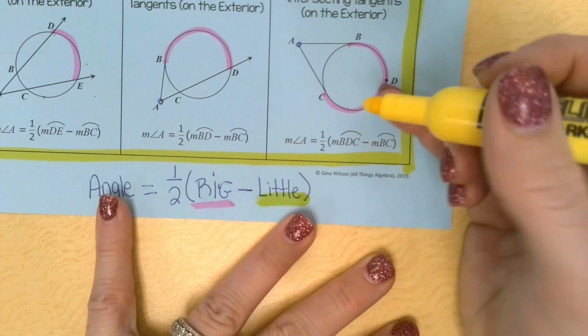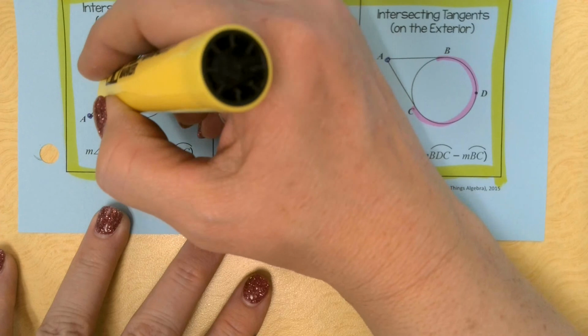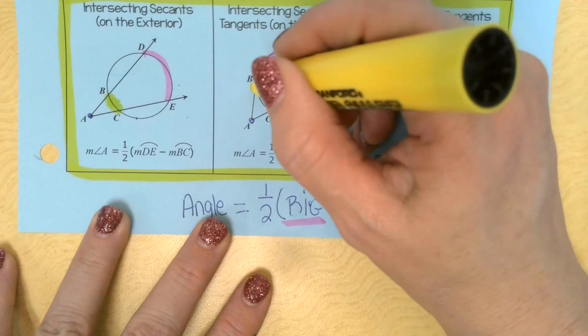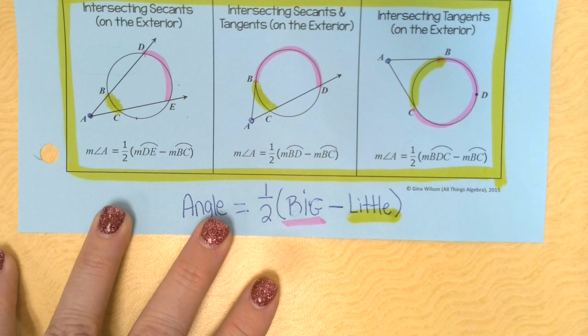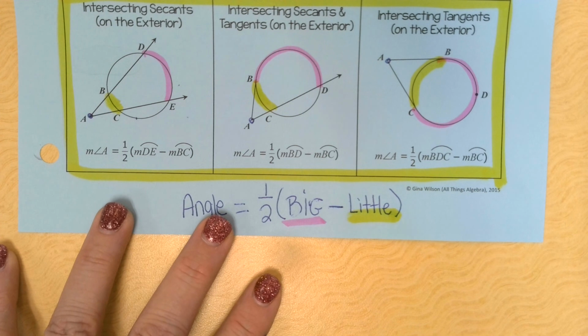All right, little is going to be in yellow. This is my little arc, this is my little arc, and this is my little arc. Every single time we have these problems where the point is on the outside, it's going to be 1/2 big minus little.